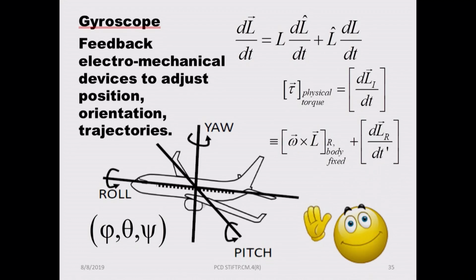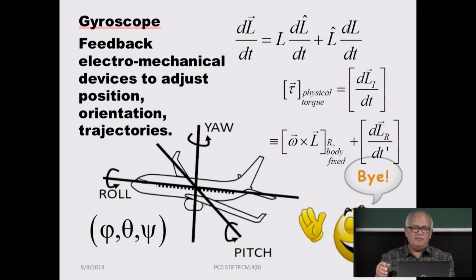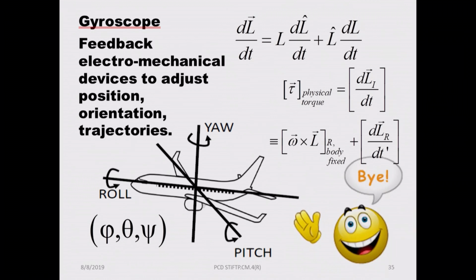And through the feedback mechanism, you can know if the plane is tilting, is it precessing, is it wobbling. Any of these things can be detected by having electromechanical couplings, and this is what is required. A large number of gyroscopes are installed in all moving objects.